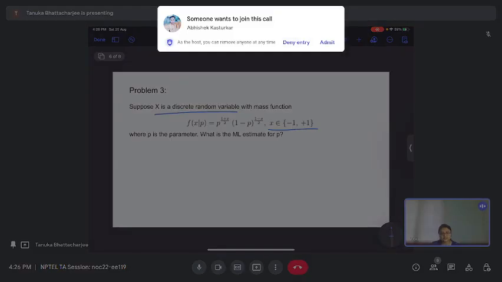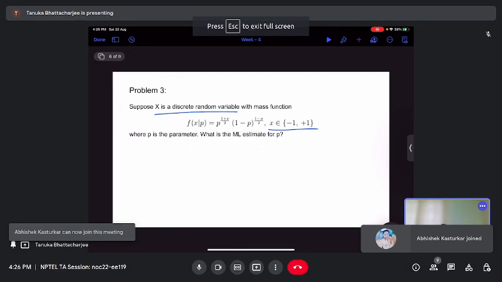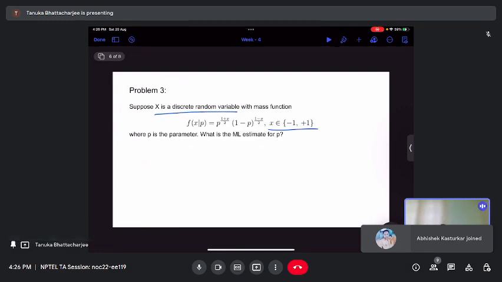If x takes the value 1, then that probability is p, and x taking the value -1, that probability is 1 minus p. This is basically like a Bernoulli distribution, where x can assume the values -1 and 1 instead of 0 and 1. And here also p is the parameter. So we will have to find out the ML estimate for p.